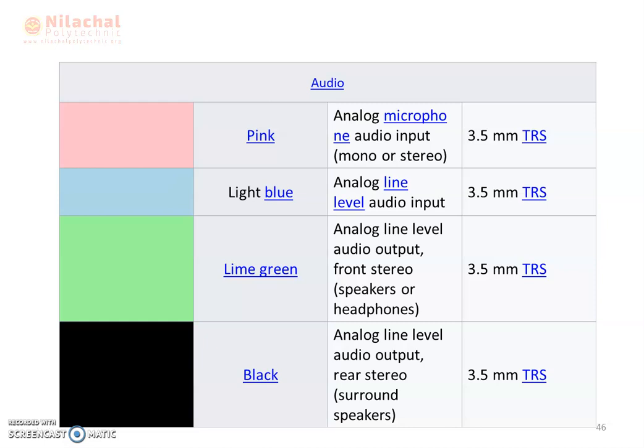So pink and light blue were the input ports, whereas lime green and black are the audio output ports. Lime green is used for front stereo speakers or headphones, and black color is the analog line level audio output for rear stereo surround speakers. These were our input and output audio ports.